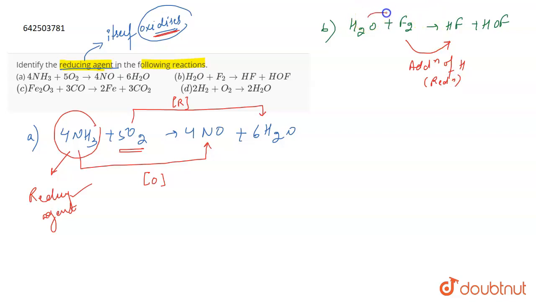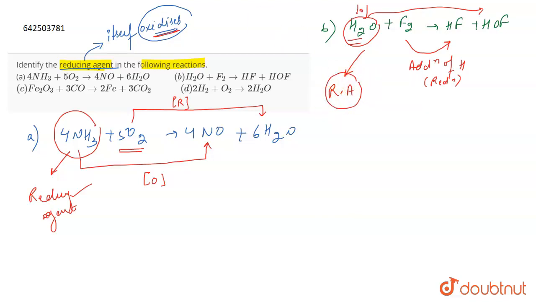And if you talk about H2O to HOF, this is an example of oxidation. Why oxidation? Because there's a removal of hydrogen. So in this case, the one that itself gets oxidized is water, because water is getting oxidized to HOF because there's a removal of hydrogen, and removal of hydrogen is also oxidation. That is why here H2O acts as a reducing agent.